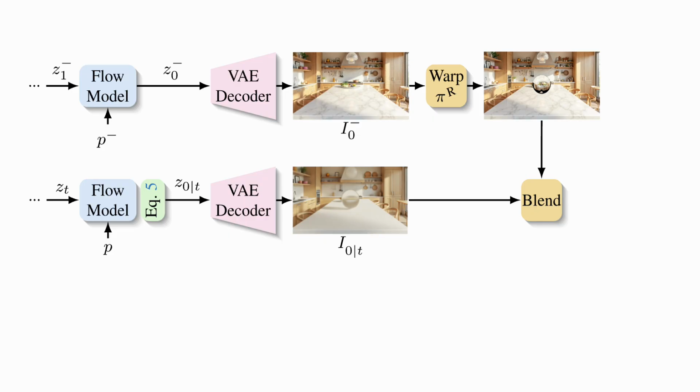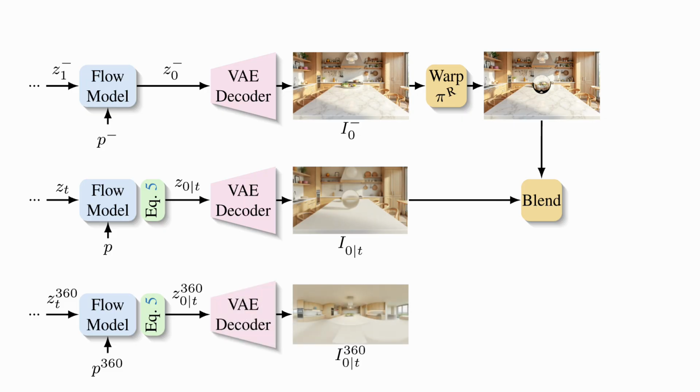However, this process cannot capture consistent information about the unobserved region, such as objects that are occluded or out of frame. Therefore, we add a panorama branch, which also gets warped and blended. At each denoising step, a panorama viewed from the object center is generated.